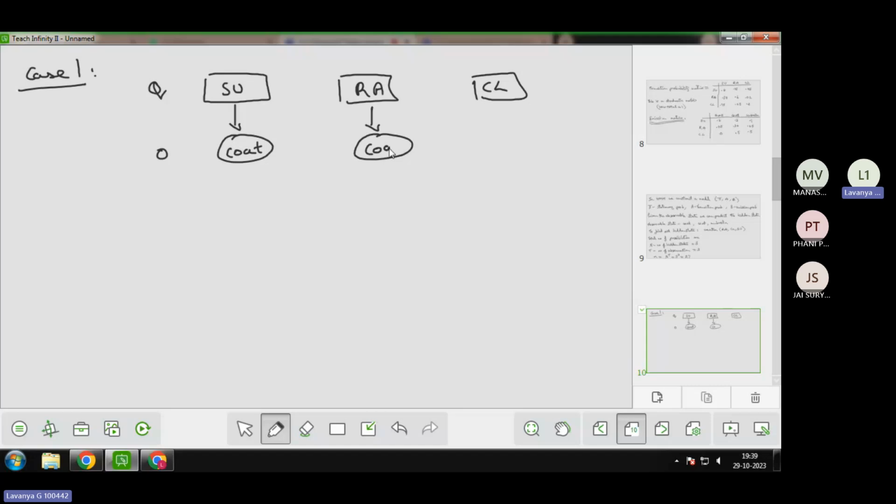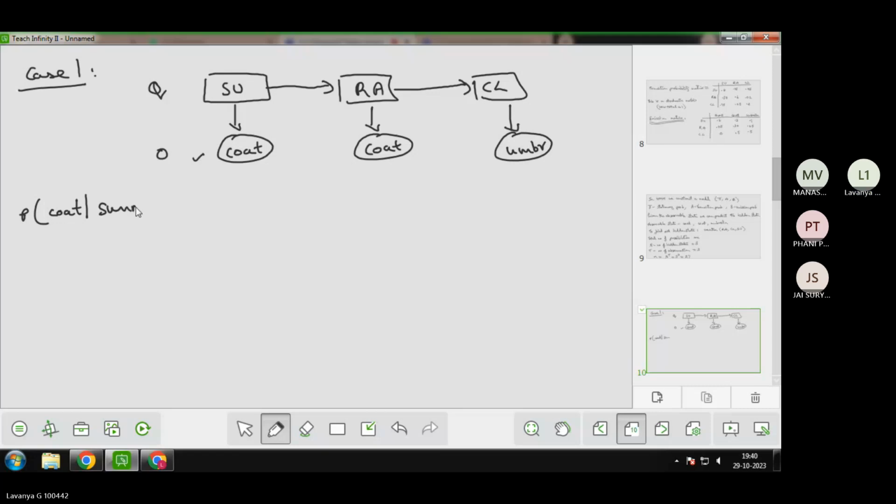From rainy also, I'm going to have a coat. From cloudy, I'm going to have an umbrella. Now, from sunny, I can go to rainy, and from rainy, I will go to cloudy. Now, I want to find the probability that he is wearing a coat and it is sunny. That is the first case.